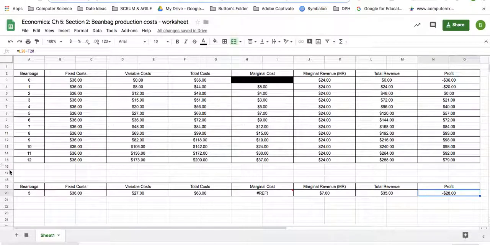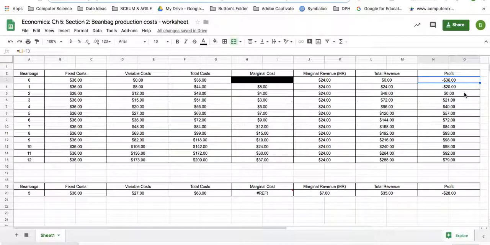The profit. Even producing 5 at $7, we're losing money. That's not a question. But we compare that to the fixed cost. So if we produce 5, we're losing $28. If we produce 0, we're still negative 36 because nothing is being produced.